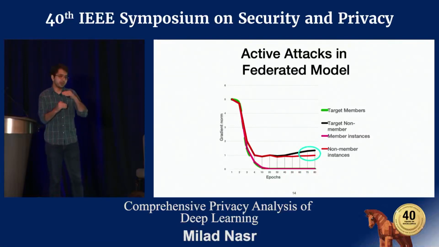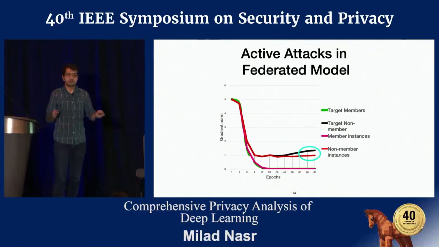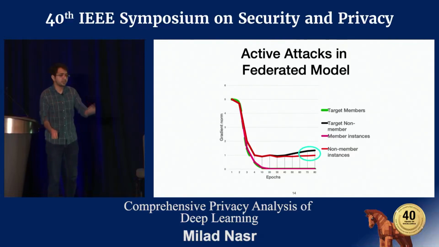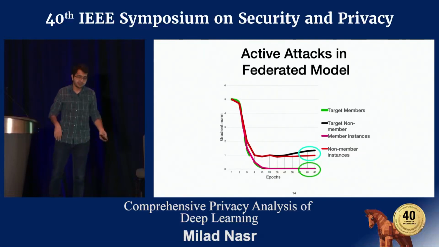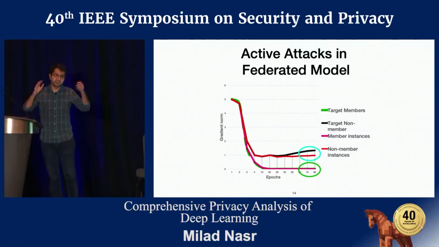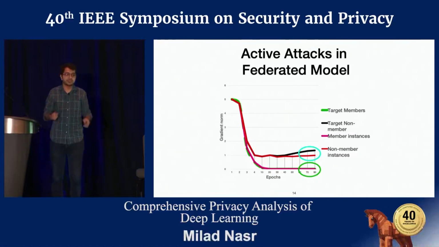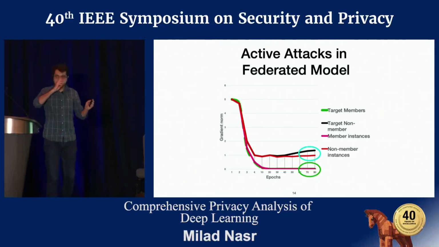So the attacker has an easier way of detecting that the point wasn't part of the training data. And for the other points that were part of the training data, we can see that our hypothesis is correct. The gradient norm won't change that much, and as a result, the gradient vector itself will be similar in both cases. So these are our main ideas of the attack.